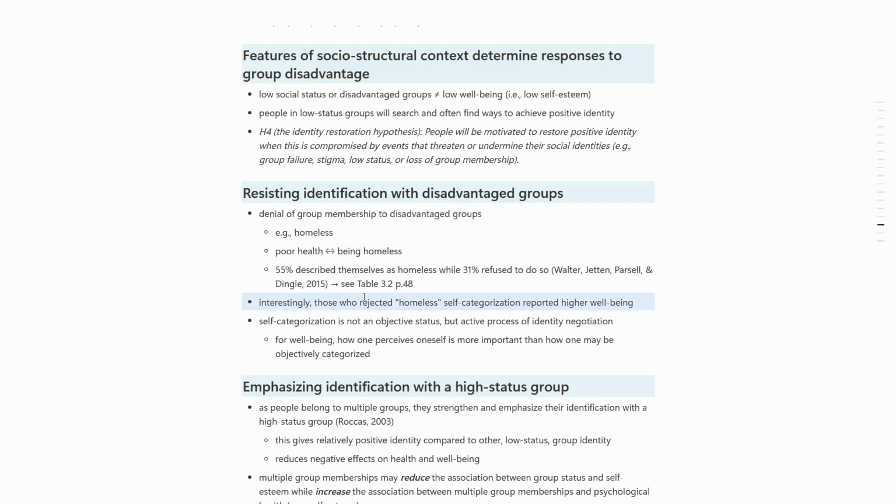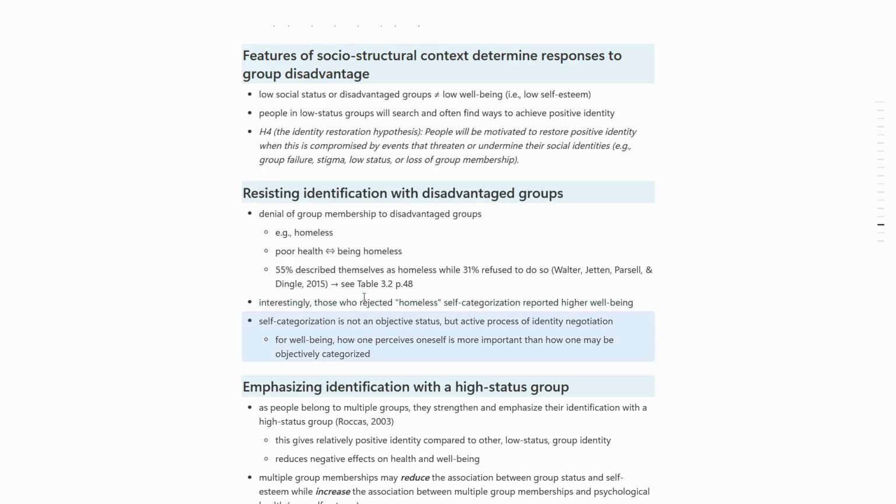So even if they may be perceived objectively as homeless, if they reject such categorization, then they can protect their well-being from being affected by it. And because of that, if they do not define themselves as homeless, then they tend to show higher well-being.